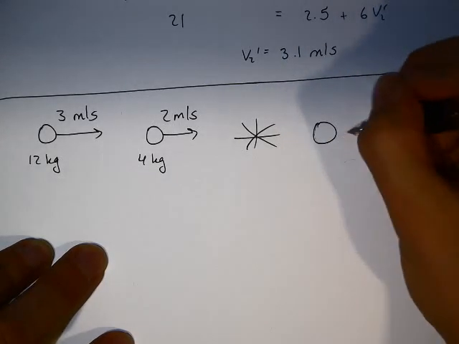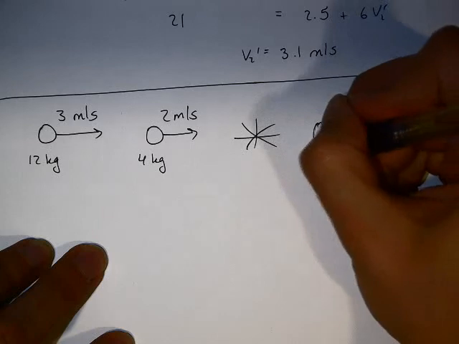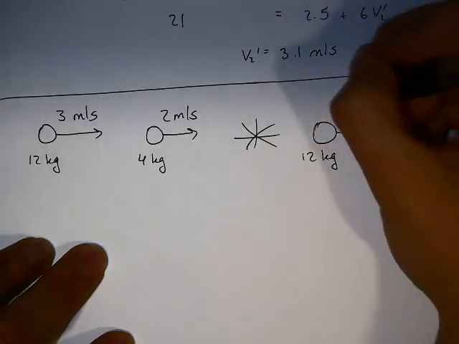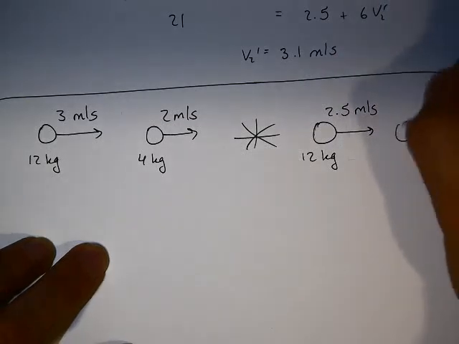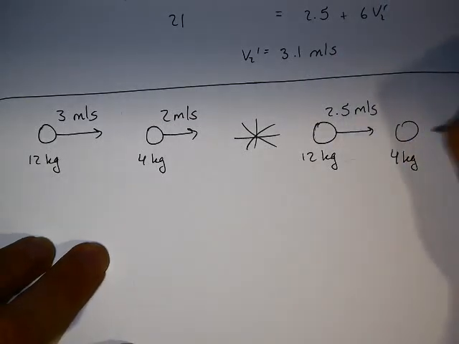Afterwards, the 12 kilogram object is moving at 2.5 meters per second. What about the 4 kilogram object?